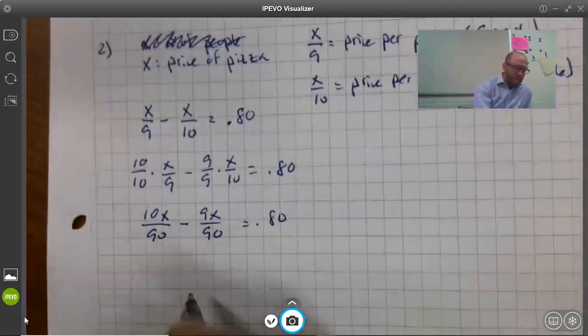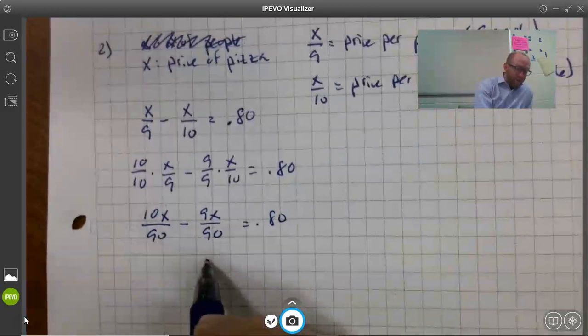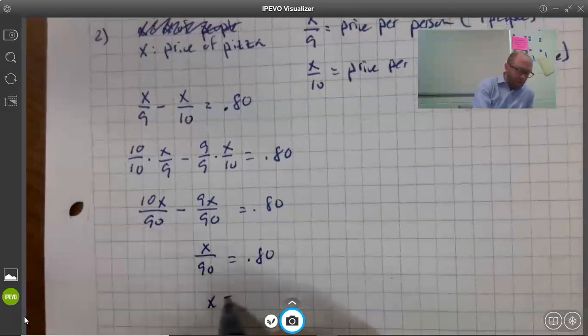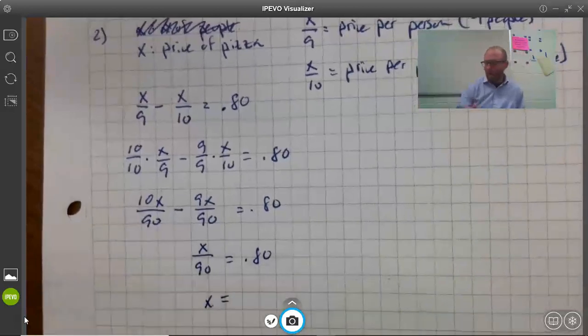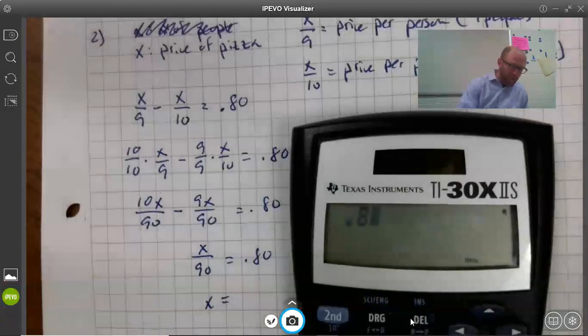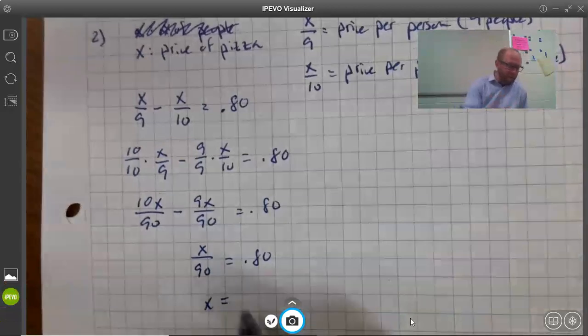See, 10x minus 9x is just x over 90. I'll multiply by 90 on both sides, and I get x equals... where's my calculator? Hold on, I got to get a calculator. All right, so we got 0.8 times 90 is $72.